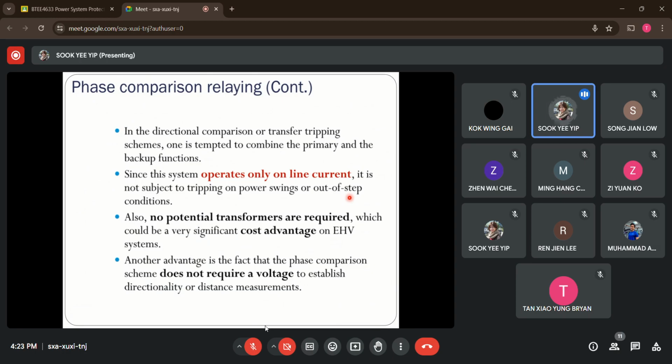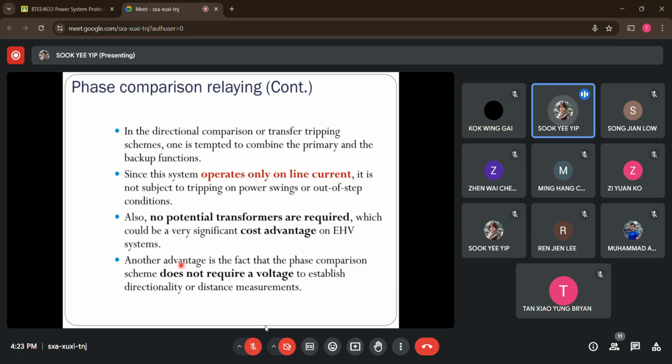All right. Because it only works based on the current value, it doesn't need to get the voltage or divide voltage by current to get the impedance value. So in such a case, no potential transformer is needed. Which means that we can save money in terms of implementation, especially for extra high voltage systems.